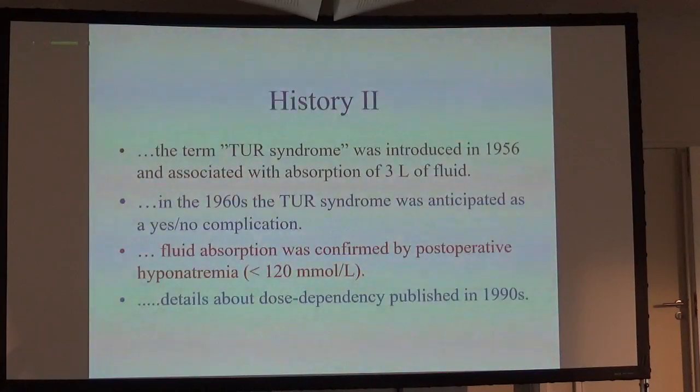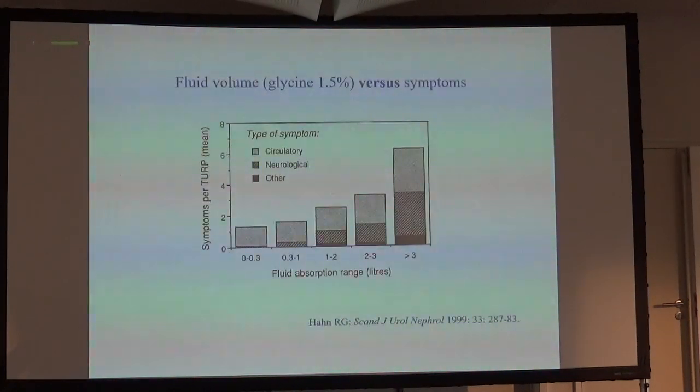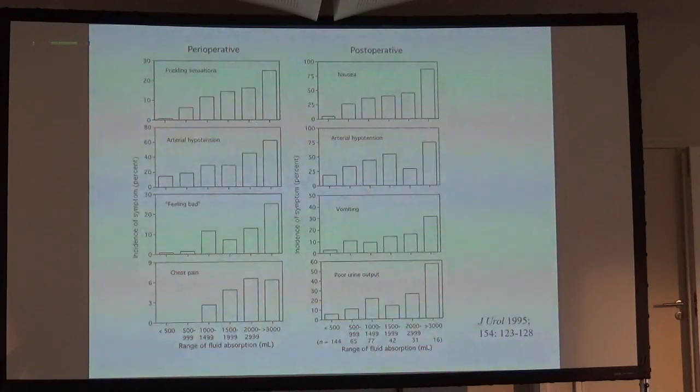And details about dose dependency appeared much later. So it is not a yes or no complication. It looks like this, that as soon as you absorb more than 1 liter of irrigating solution, at least of glycine, which is in this case, you have a statistically increased incidence of symptoms, and if you absorb more than 3 liters, you have a full-fledged TUR syndrome.